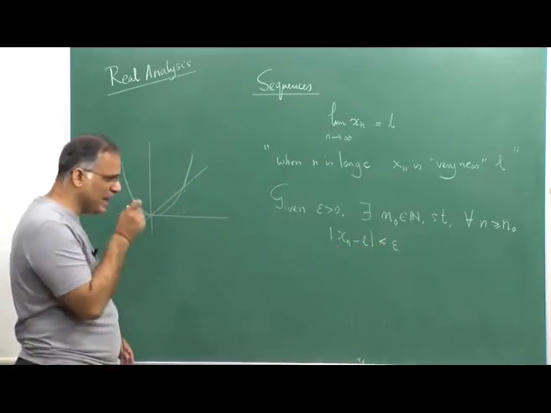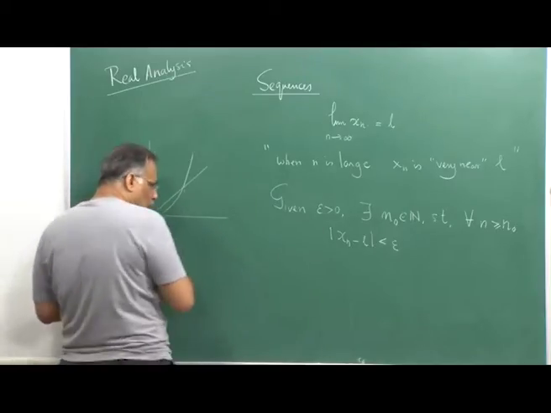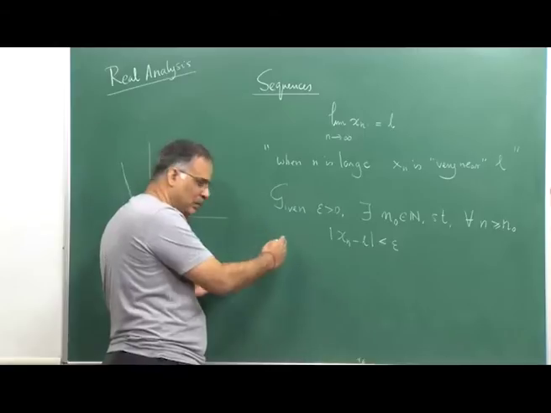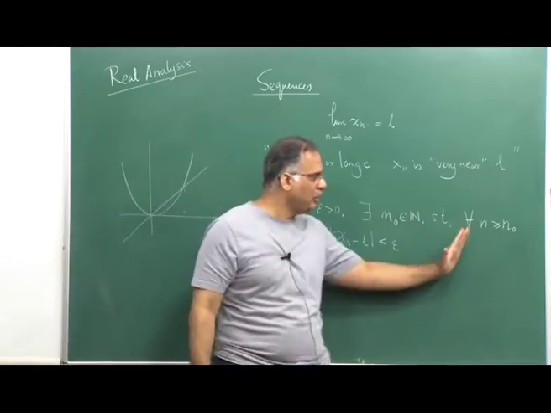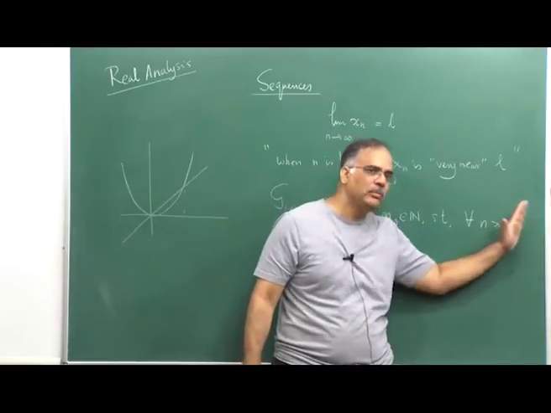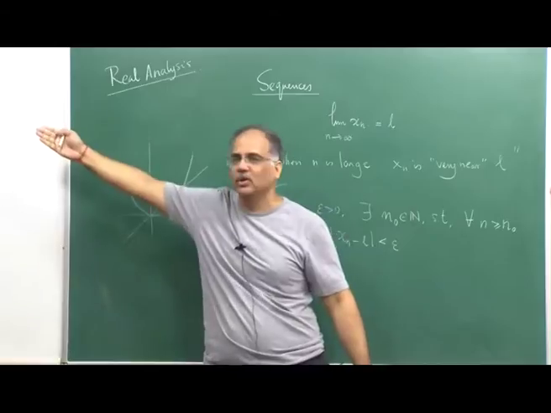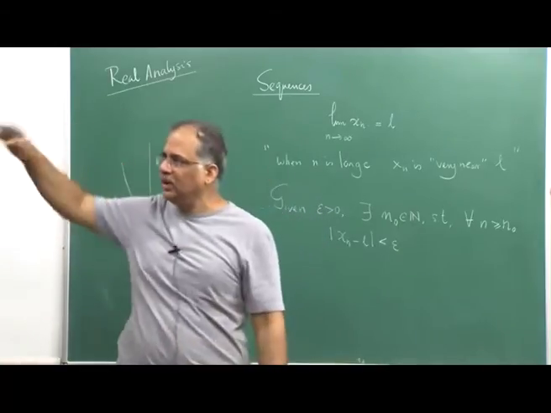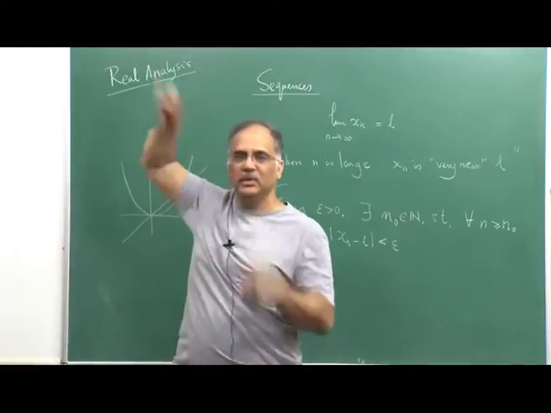Now if you change the epsilon, make it smaller, then the n naught would change, maybe you have to go much further. So, n bigger than n naught means up to n naught there are only a finite number of objects x1, x2, up to x n naught, and after that, for all the n's, which is called the tail of the sequence after n naught, the distance xn minus L is within that limit.